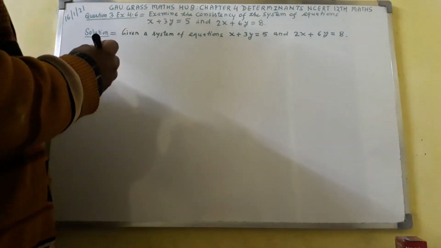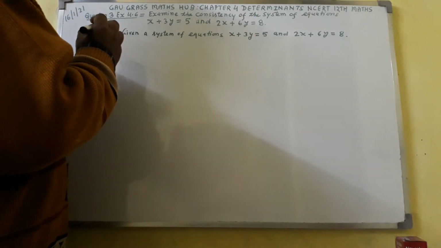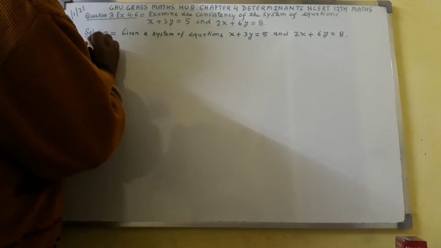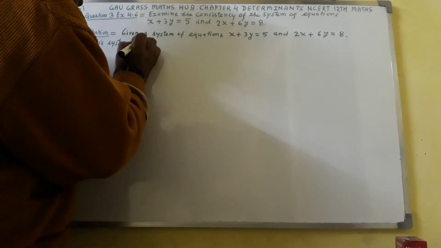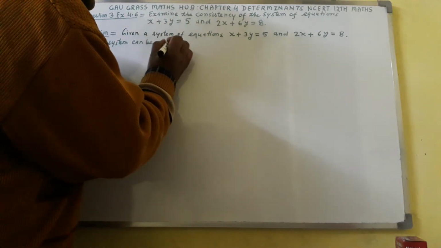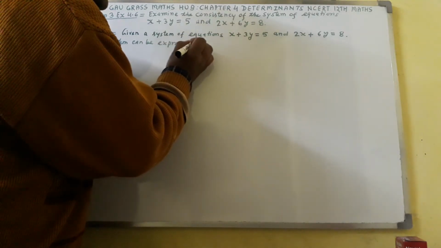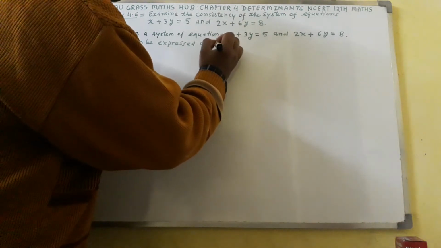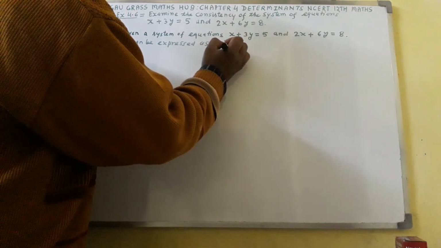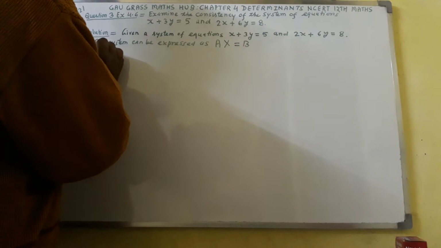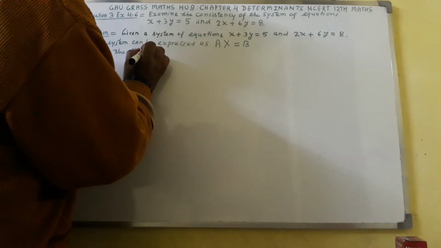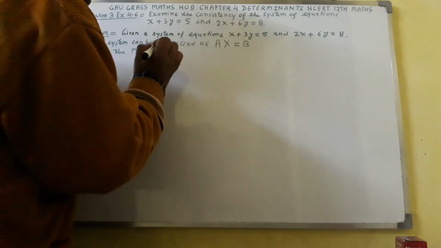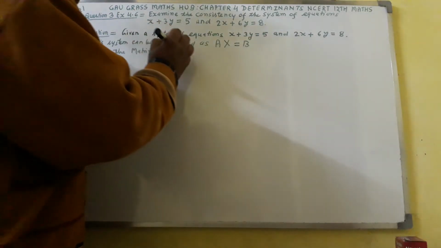Now here again I shall write, this system can be expressed as AX equal to B, where the matrix A equal to opening of square bracket.